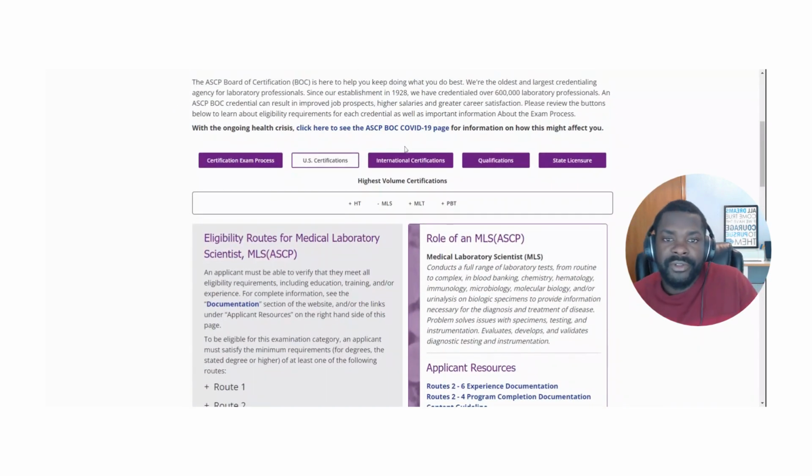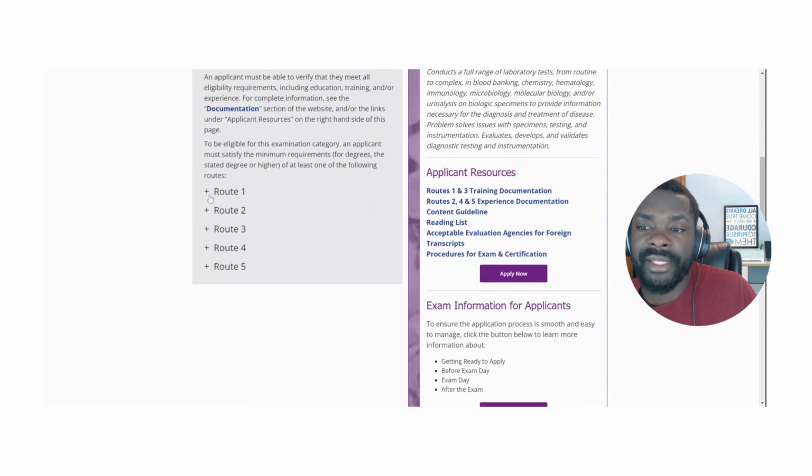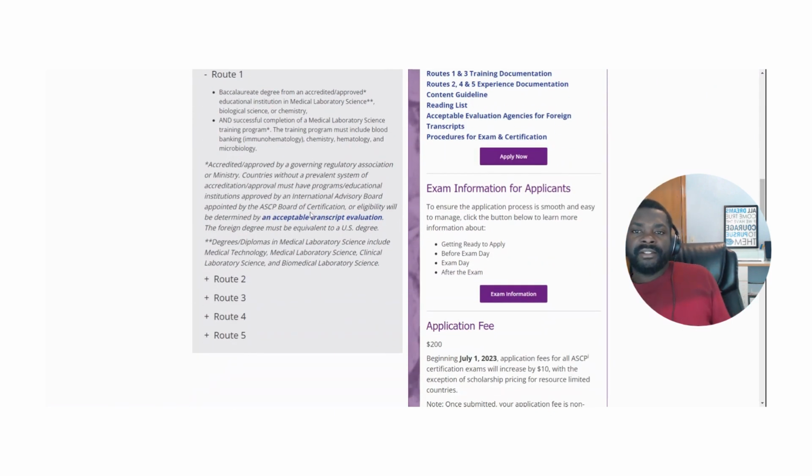Now, if we move on to the international certifications, you're going to see that the difference is not big. We'll go to MLS and Route 1, bachelor's degree from an accredited education institution in medical laboratory science and completion of a lab science training program. The training program must include blood banking, chemistry, hematology, and microbiology. All right.